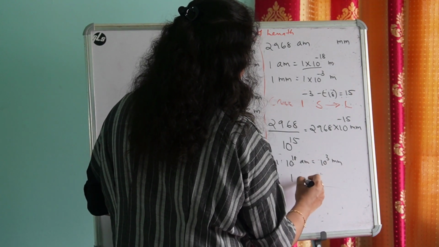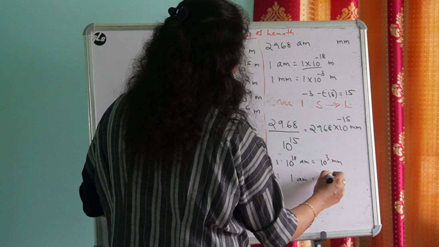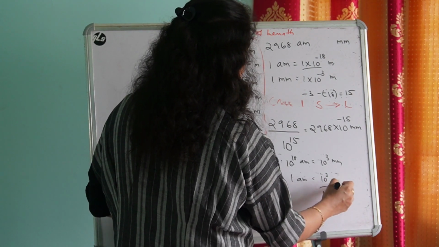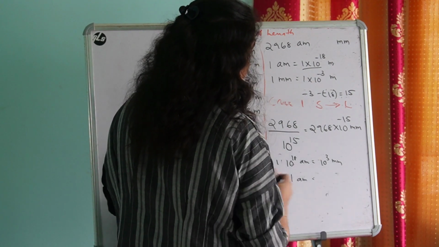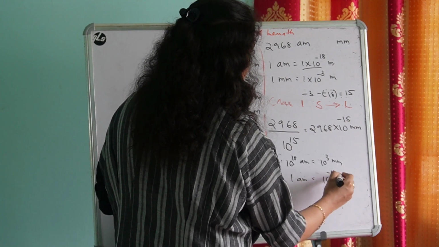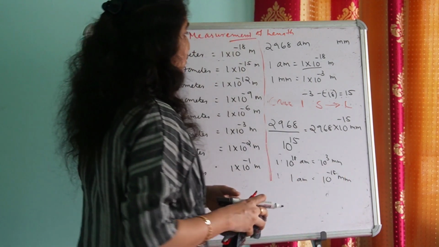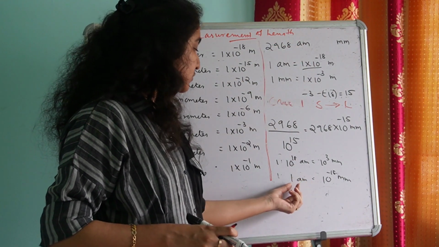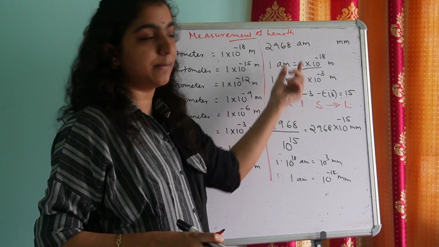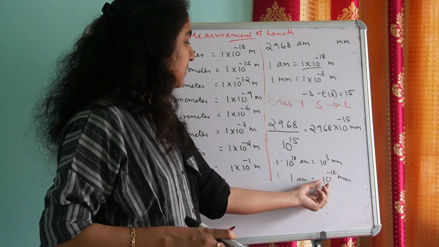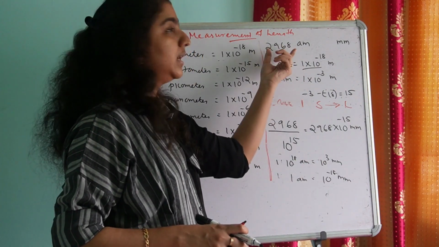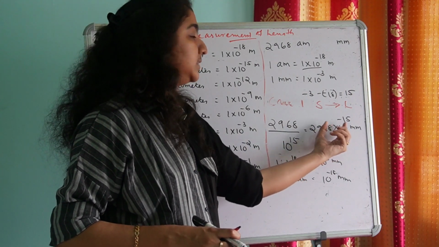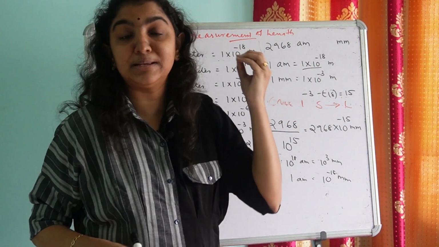So 1 attometer is equal to 10 power 3 divided by 10 power 18 millimeter, so it becomes 10 power minus 15 millimeter. To obtain the value 2968 am from 1 am, I have to multiply by this number. So here also I simply multiply 10 power minus 15 by this number, and this is the answer which I got by following these simple steps.